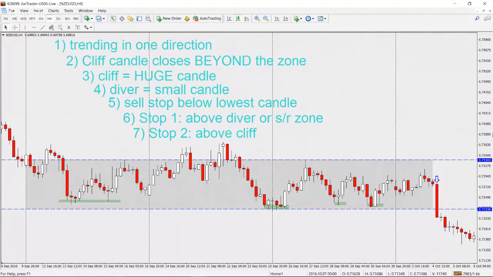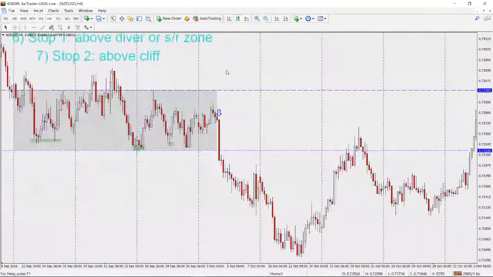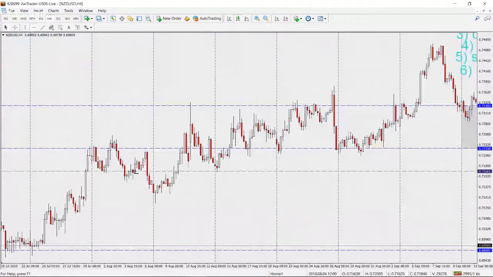Now, what about targets? I like support and resistance. Okay. Support resistance makes a whole lot of sense to me. So for me, I would be looking for something like right here. And that makes sense as a target. Also, this one down here makes sense as a target. Those are the spots that I would look for.